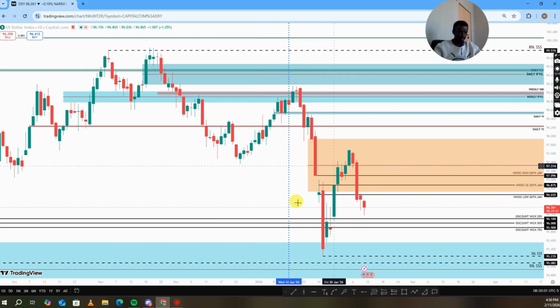And see, after price made this imbalance here, which we've also included the volume imbalance as part of, price retraced again, and it met a number of confluences here. Apart from the fair value gap here, there was also this breaker here.